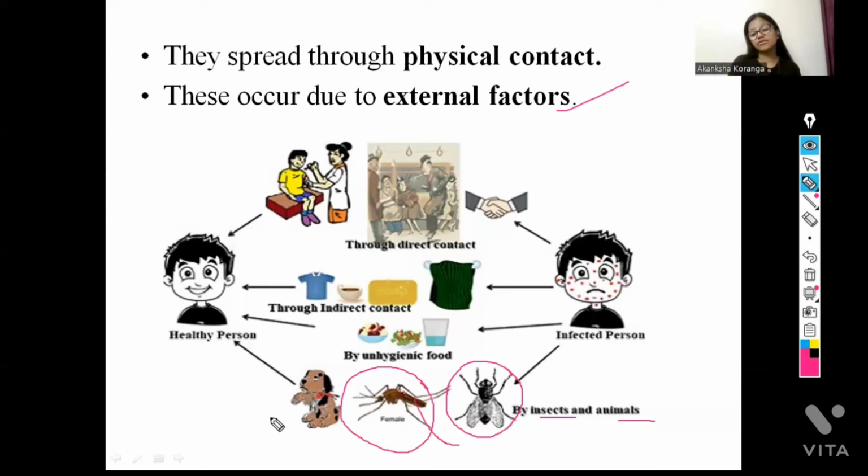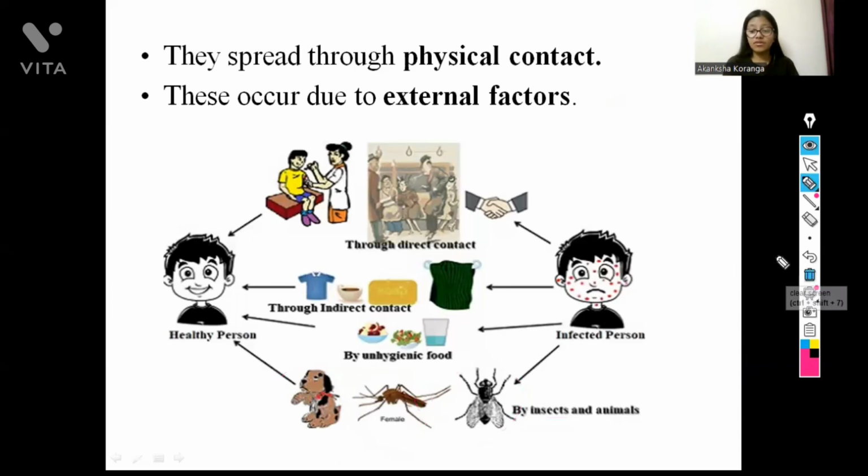And also the wild animals, as we all like to pet animals, but the wild animals that usually roam on the road have harmful pathogens, and this can also cause the disease to spread. So these were all the ways through which disease can spread.